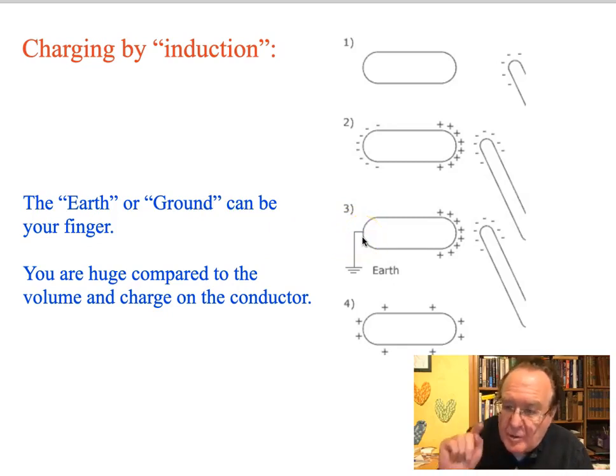For example, it could just be your finger. Just momentarily touch it with your finger. It drains off the negative charge, leaving the positive charge there. Then you move the PVC rod away, and you then have a soda can which is positively charged. So that's one way of getting a positively charged object when you started out with a negative PVC charge.